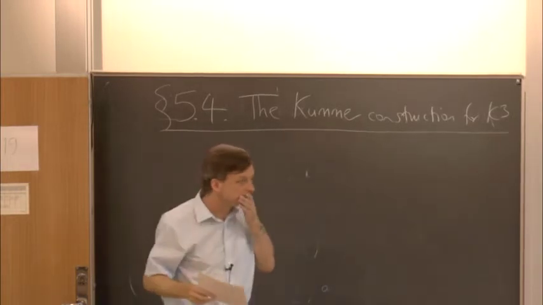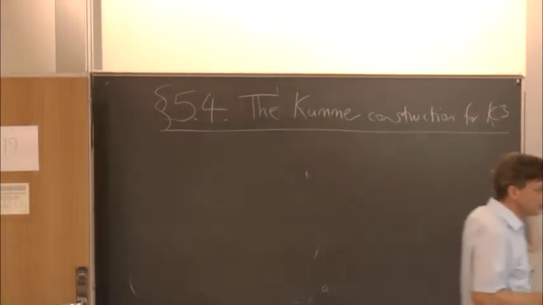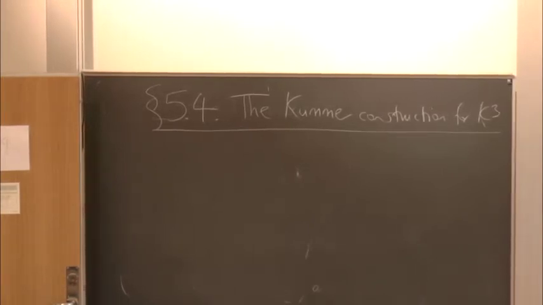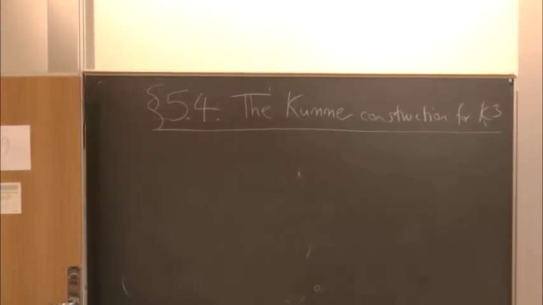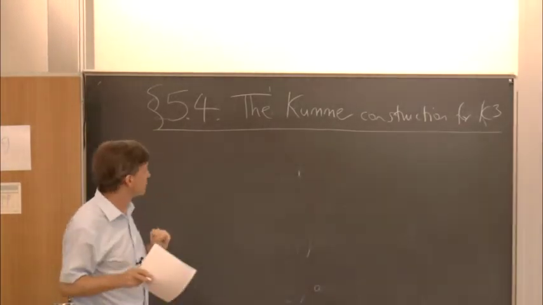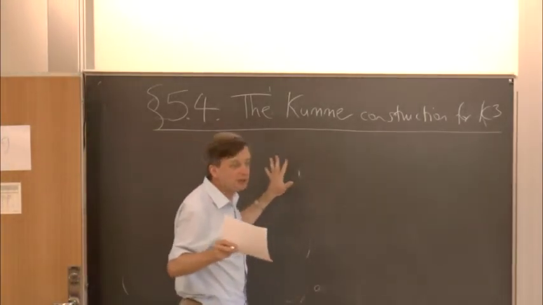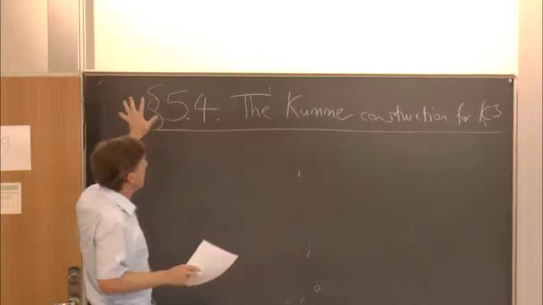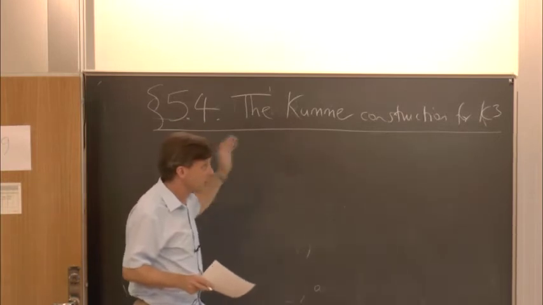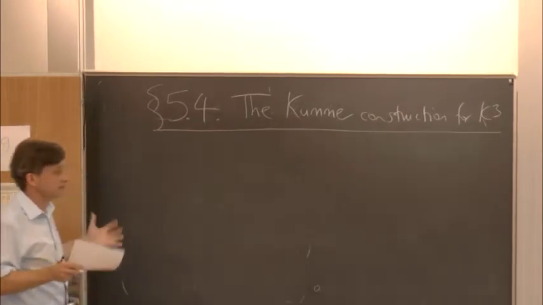Back in the early 90s, before I had kids and got old and got ground down by the utter pointlessness of life, I used to be a bright young thing like most of you guys, and I heard about this problem of constructing compact 7-manifolds with holonomy G2, and I thought I'd have a go at that.